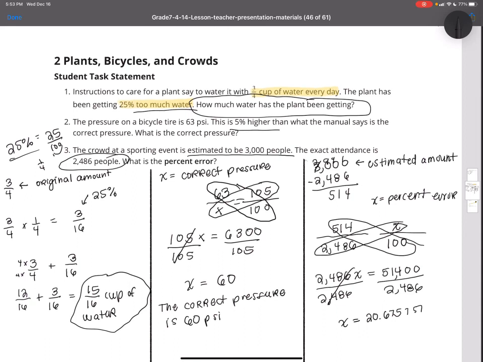Okay. So this person is about 21% off. This is the percent error, about 21%. Okay. If you wanted to leave it in decimal form, you can, but we could round to the nearest tenth.